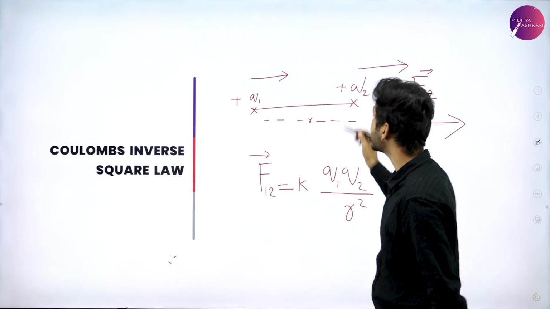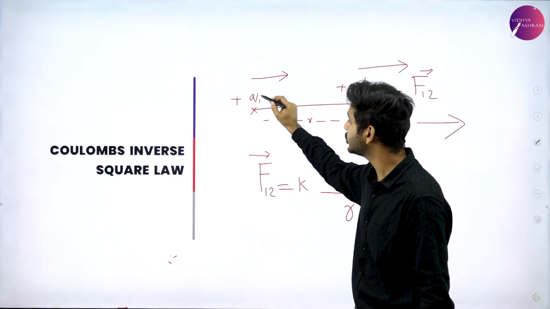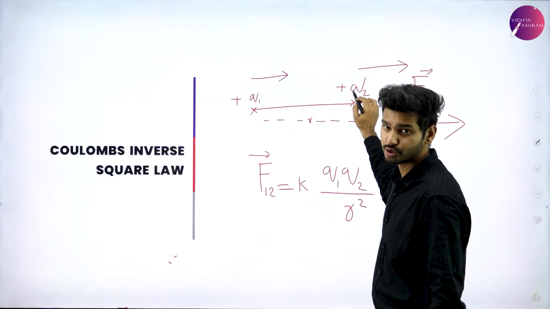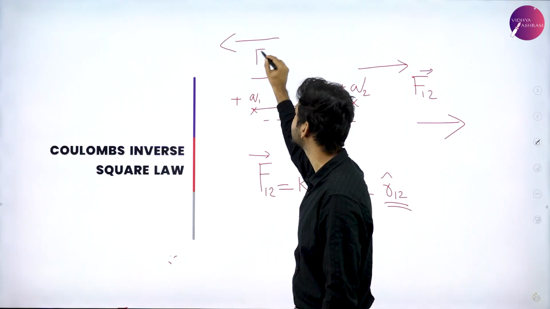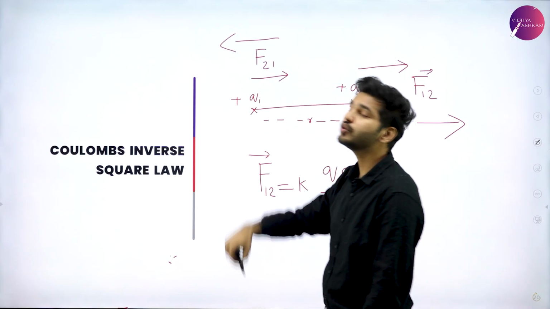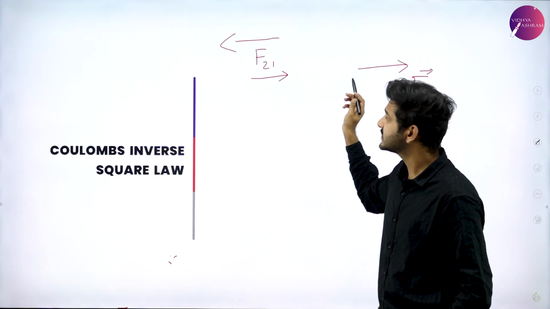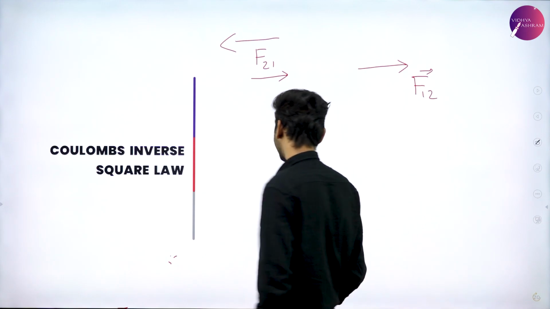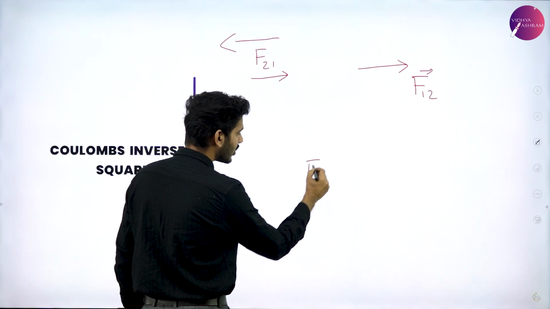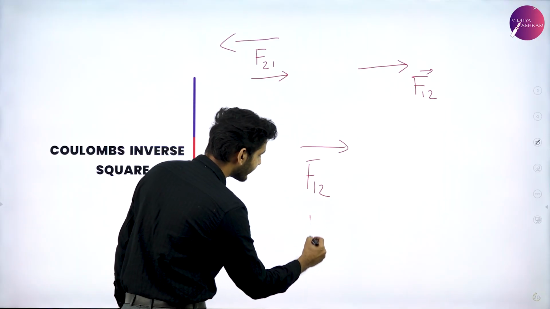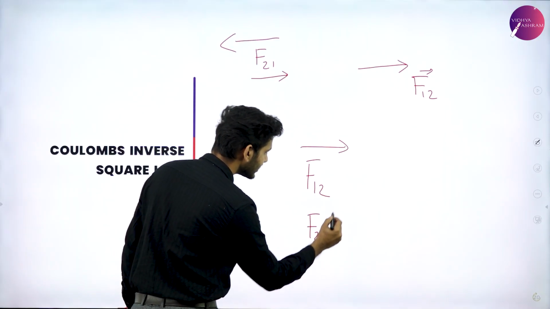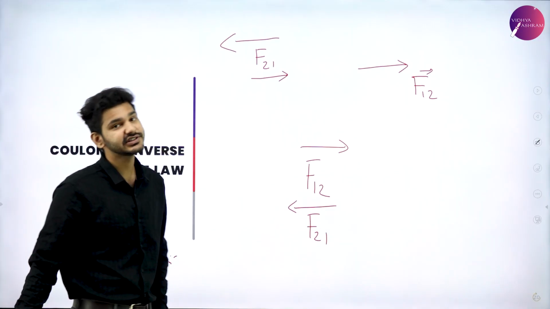But there is also another force which is experienced by Q1 due to Q2. That force will be in the opposite direction, indicated by F21. So F12 is in one direction while F21 is in the opposite direction.